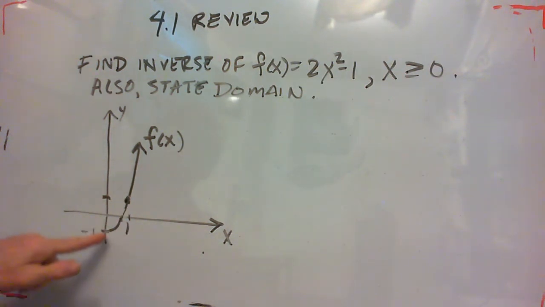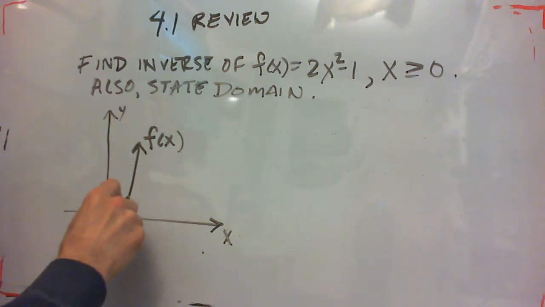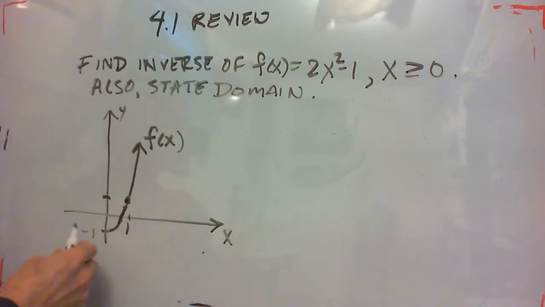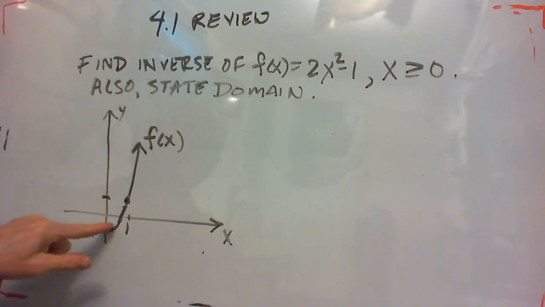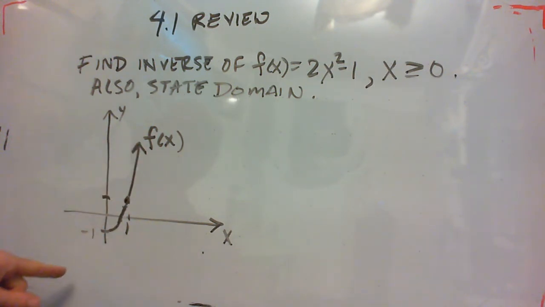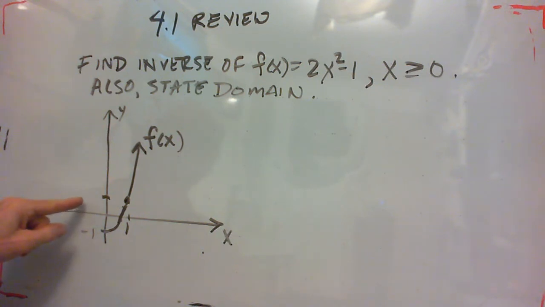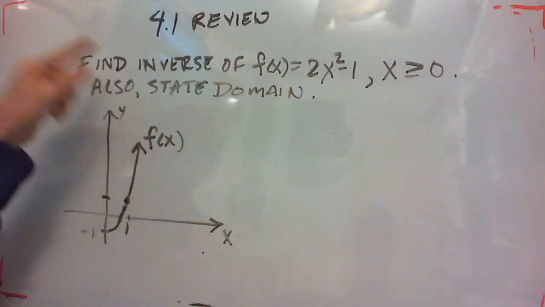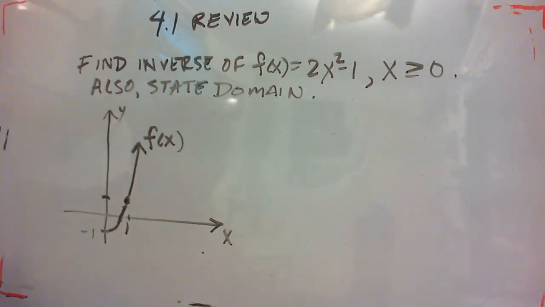But we're only using the right side of this parabola, because if we use both sides, it doesn't have an inverse. If we have both sides of this f of x function, there could be 2 different x values that would give me a specified y value. So we cut off half of that parabola. We're only using the right side of it. So that's important to note why we restrict the domain.